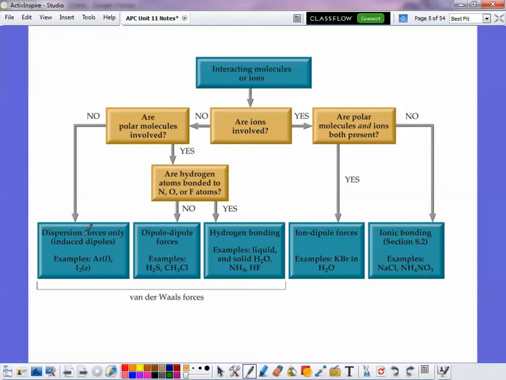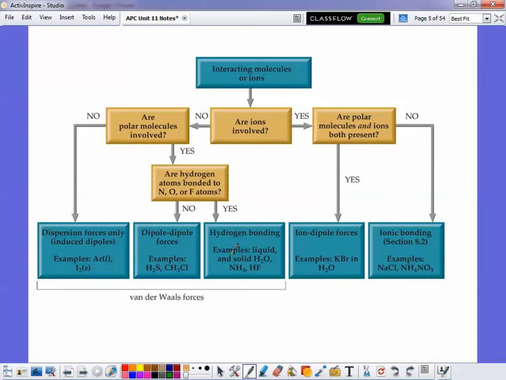If there are not, then it's the dispersion forces only, so LDFs only, okay? And we'll talk in a little bit about specifics, but LDFs only. If there are polar molecules involved, then it's dipole-dipole. If there is a hydrogen atom bonded to nitrogen, oxygen, or fluorine, then the type of dipole-dipole force it is is hydrogen bonding. So it's kind of like a little flow chart.